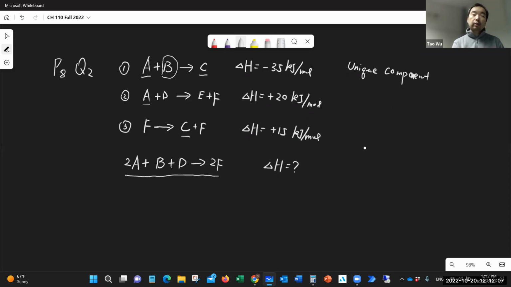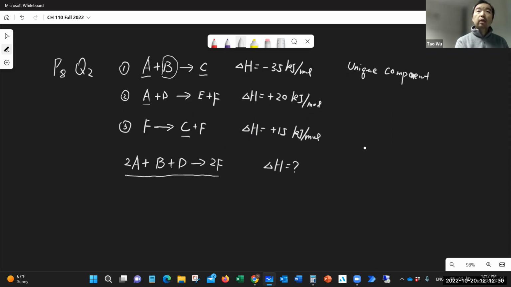The final equation has a B, and only the first equation has a B. Since this B is already on the left side, if we add up the equations we should have one B on the left side.